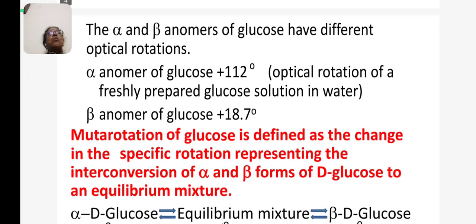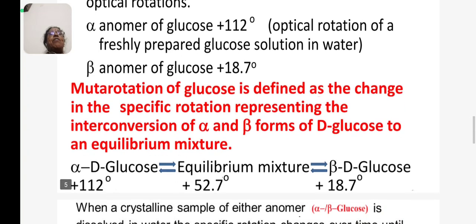Glucose exists in two anomeric forms, the alpha anomeric form and the beta anomeric form. The alpha anomeric form of glucose has an optical rotation value of plus 112 degrees and the beta anomer has plus 18.7 degrees.